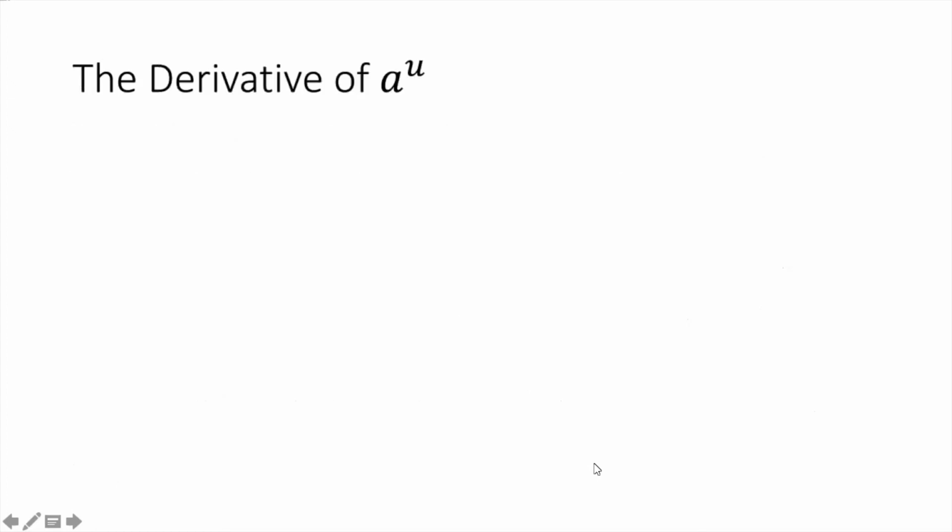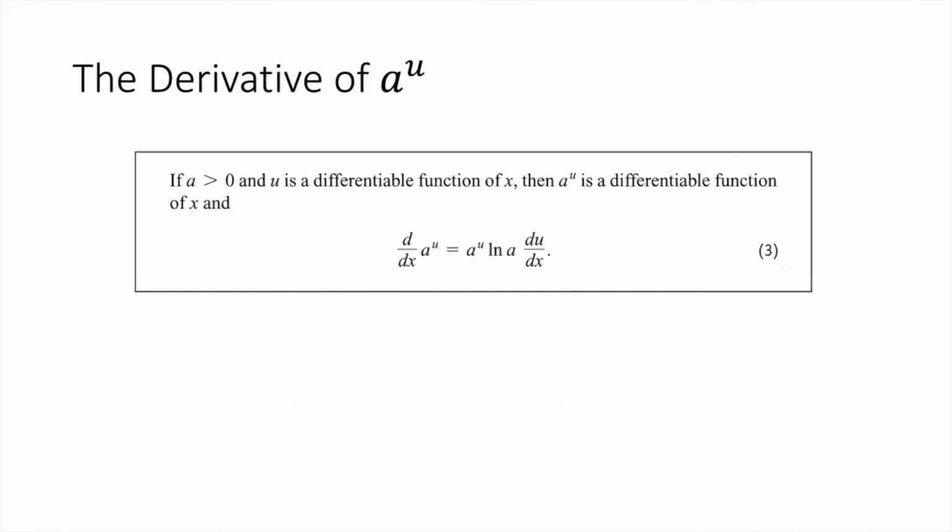All right, so next we can talk about the derivative of a to the u, the general exponential function. This comes directly from the definition of the general exponential function. Remember, a to the x is e to the power x times natural log a.